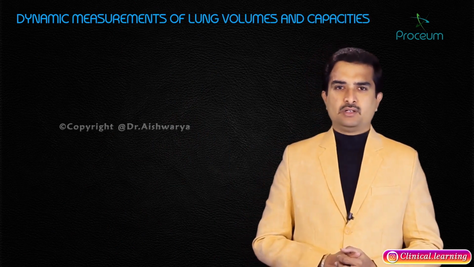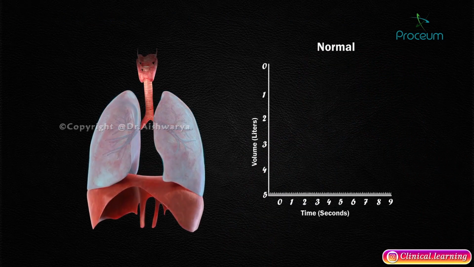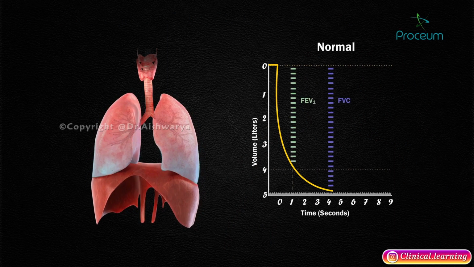Now let us talk about the dynamic measurements of lung volumes and capacities. The first one is the forced vital capacity. It is the largest amount of air that can be forcefully expired after a maximal inspiratory effort.